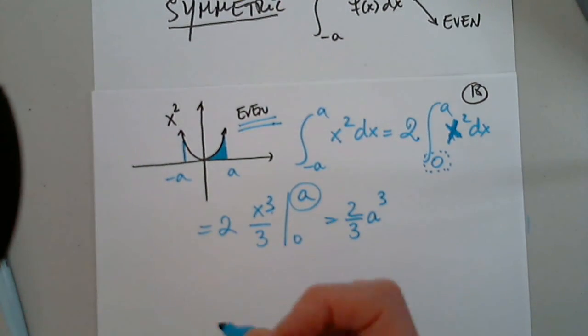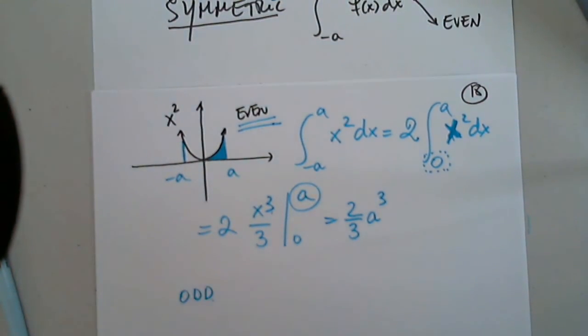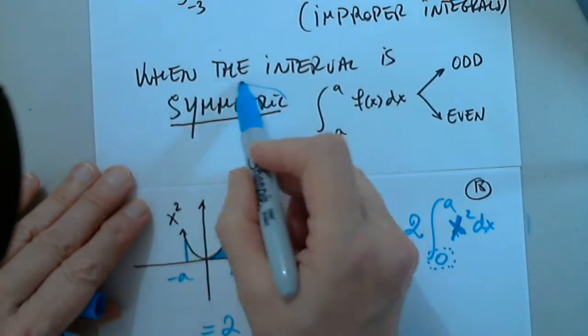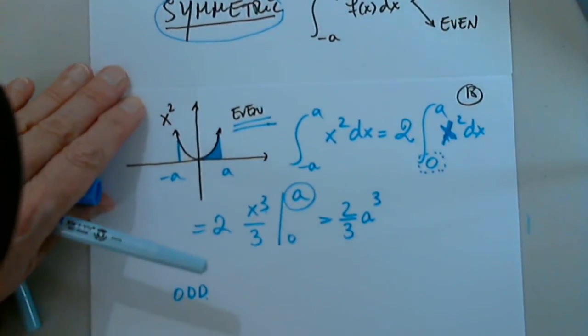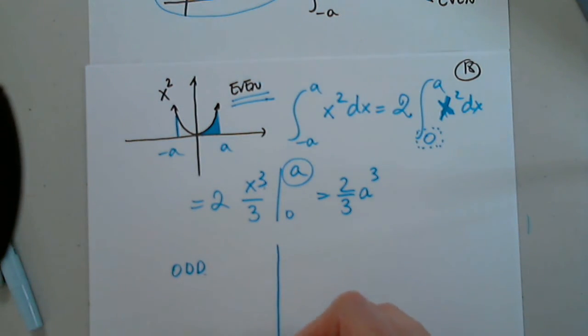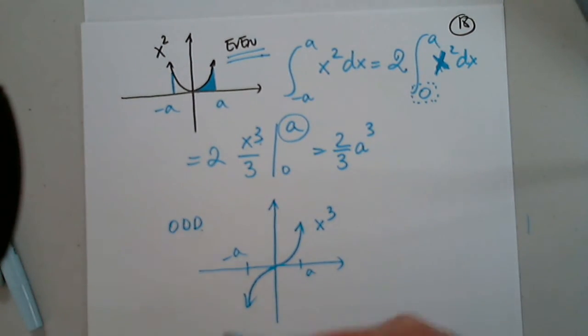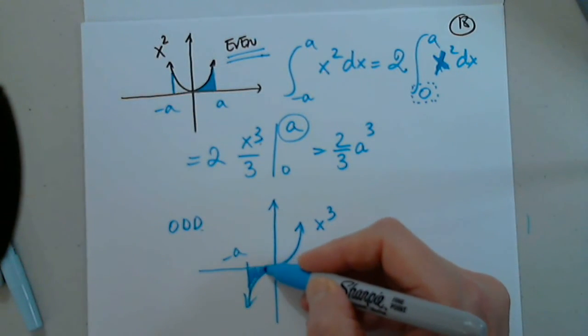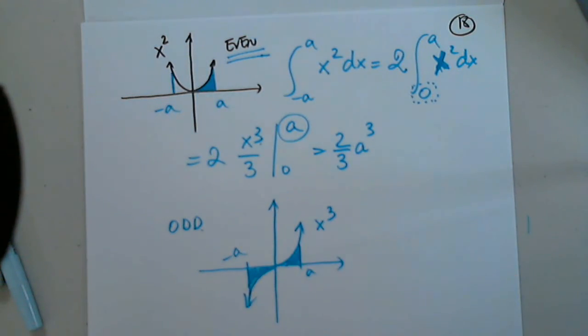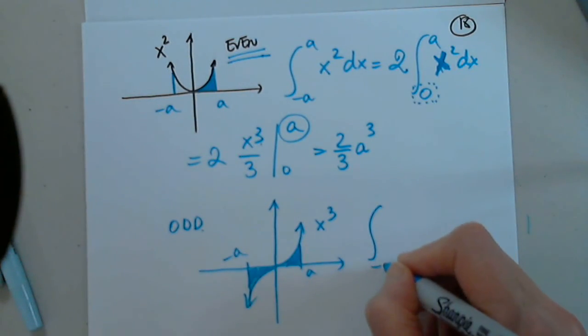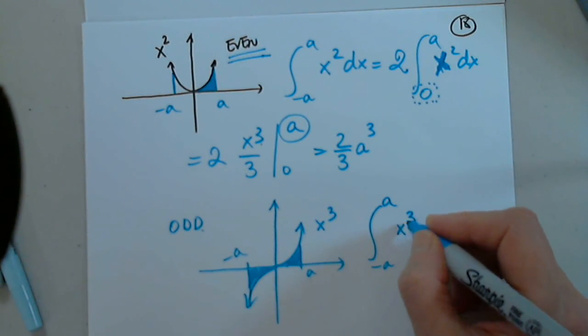Now, what about if a function is odd? And the interval, don't forget, the interval is symmetric and the function is odd. So here's the situation for an odd function. This is x cubed. We know it's odd. And I have a symmetric interval between negative a and a. So this is the area that we are interested in. What will equal the integral from negative a to a of x cubed dx?